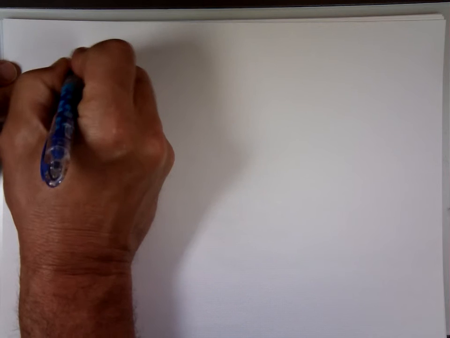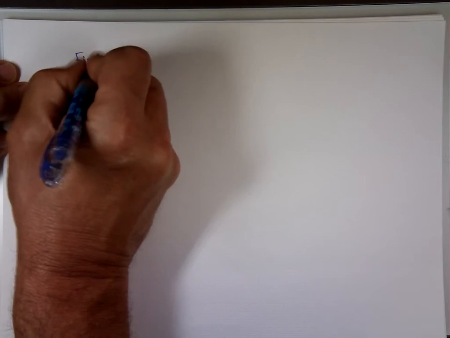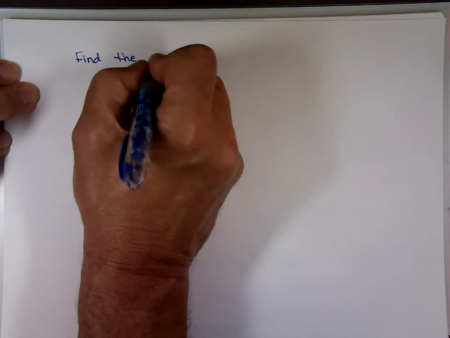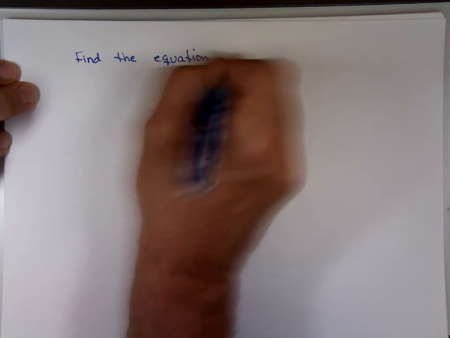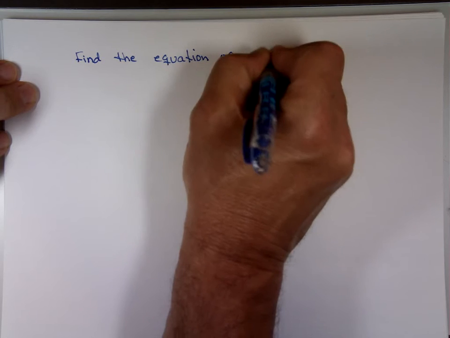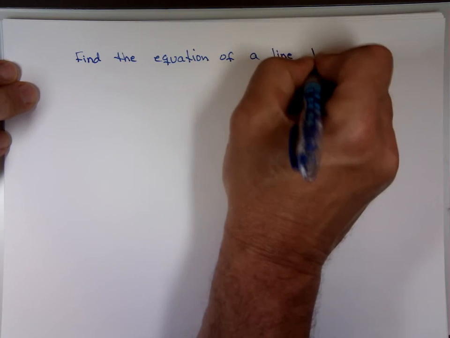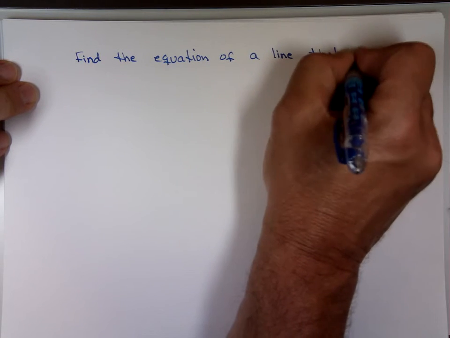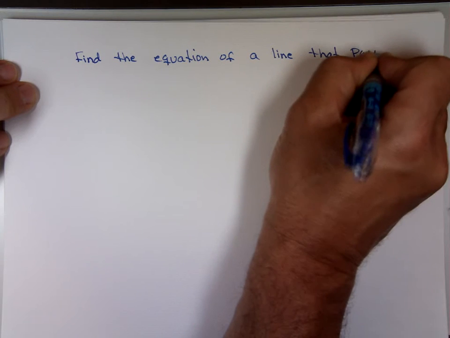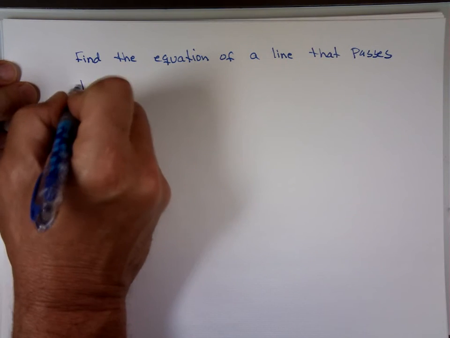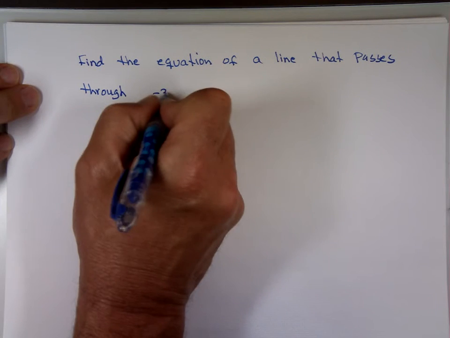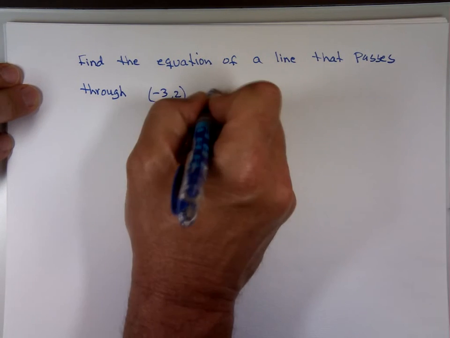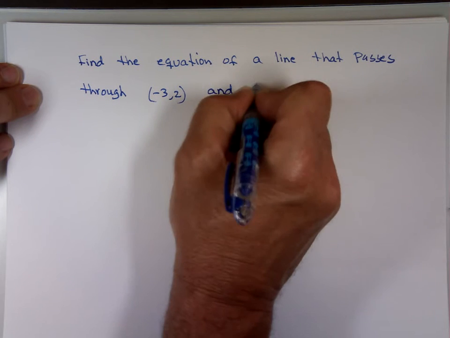I say, find the equation of the line that passes through negative 3 comma 2, and I'm making things up, really I don't have anything in mind, negative 4 comma 7.